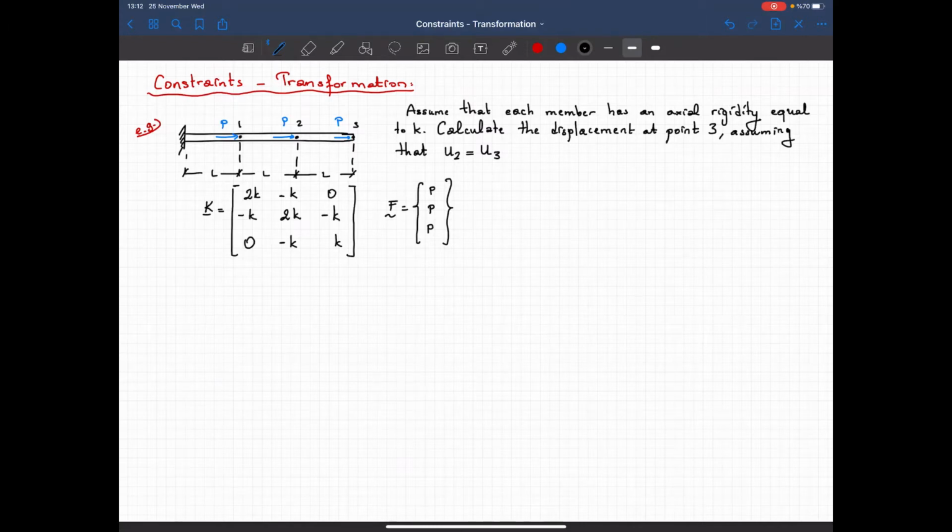All right, so our first step is this. The constraint equation in that case is U2 minus U3 is equal to 0. That's my constraint equation.